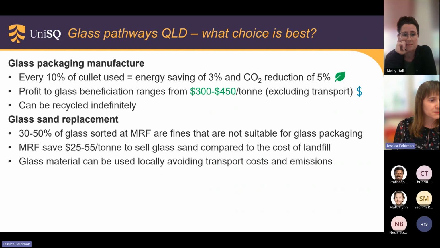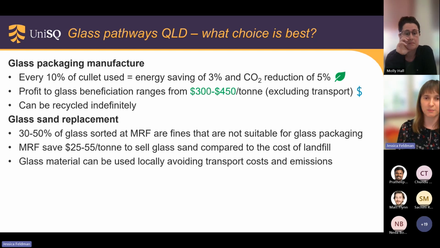But for glass sand replacement, something that I haven't really touched on and is really important is that when I said earlier how glass cullet that's smaller than 8 millimeters is classified as glass fines and can't be used for glass bottles, the amount of glass in MRFs that is this glass fines is 30 to 50% of all glass that goes through.